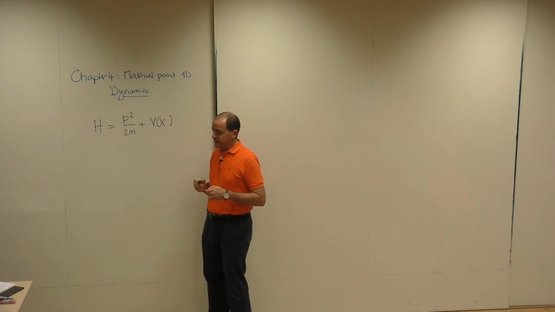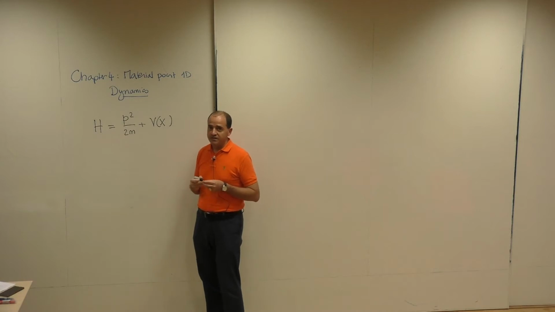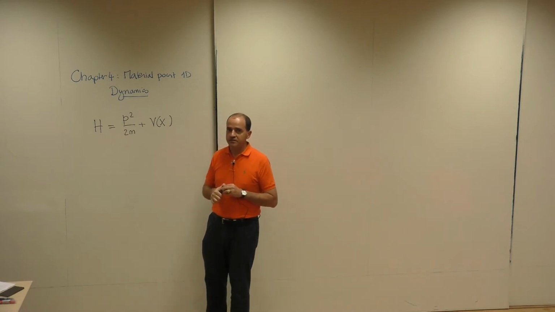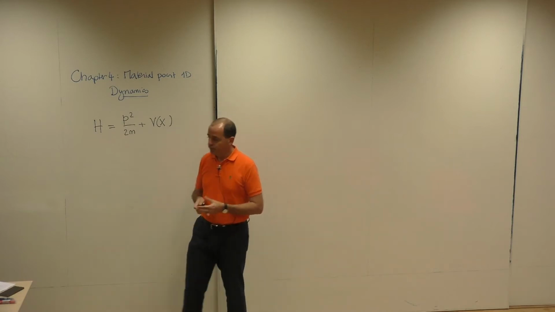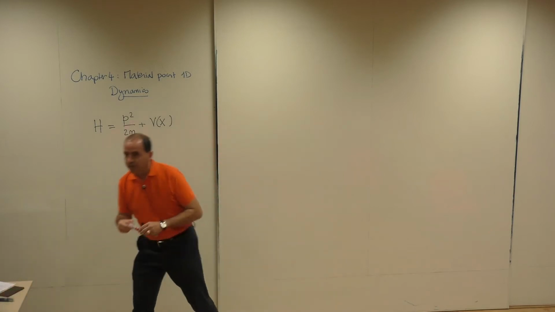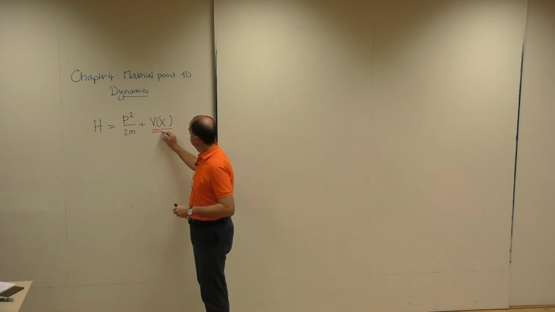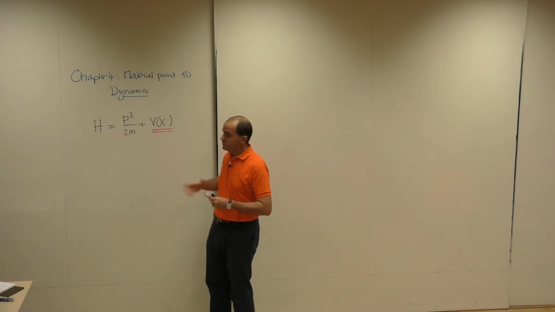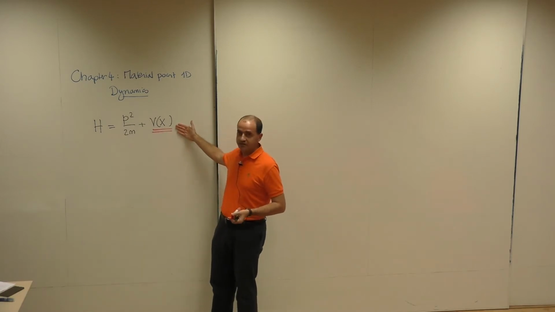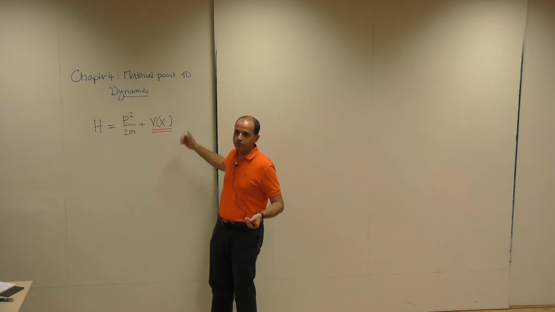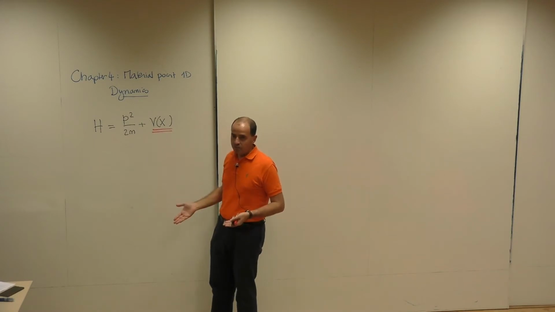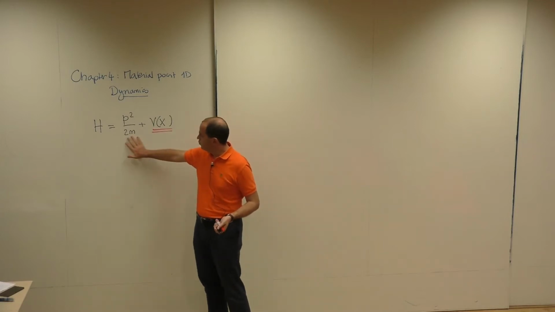Let me start from the very beginning, stressing that the different dynamics will, of course, be determined by the different potentials. So the form of this function of x will determine whether this is a free particle, harmonic oscillator, hydrogen atom in 3D, or anything else. The kinetic part is always the same.